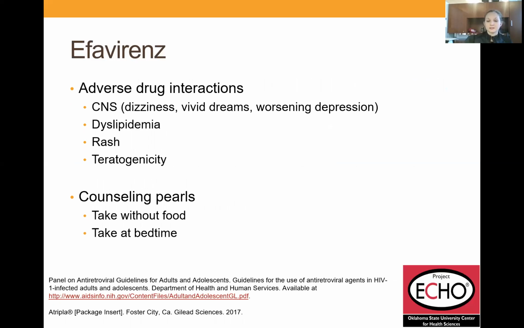Other common CNS effects are dizziness and vivid dreams. And if you've ever talked with a patient who's been on efavirenz, they will describe very vivid dreams to you. In fact, we've actually had problems getting patients off of efavirenz if we want to modernize their regimen because they want to continue because of the dreams. And so it's really interesting.